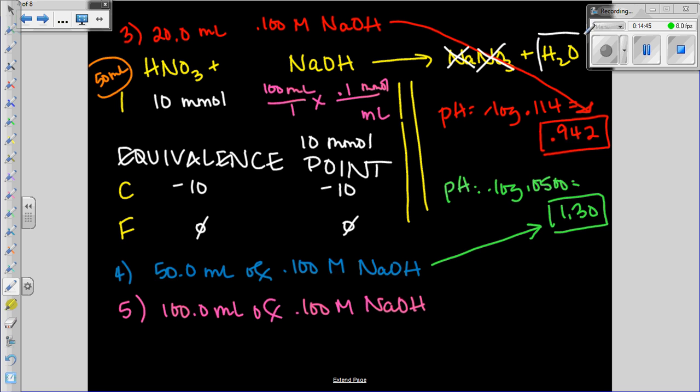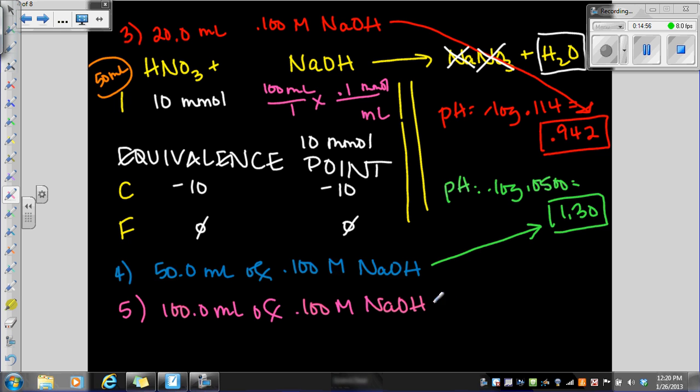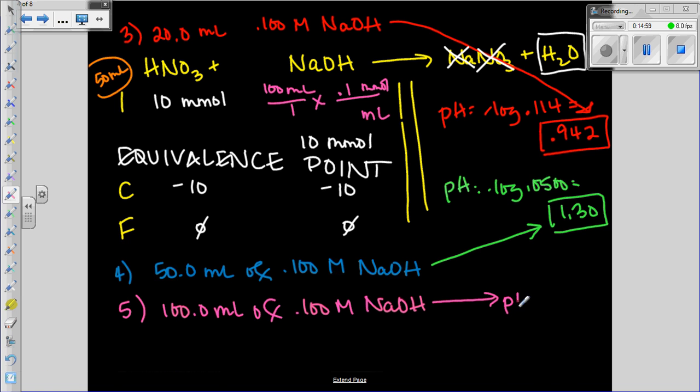So the only thing that contributes to pH is the H plus concentration contributed by water. Because we are at the equivalence point of a strong acid, strong base titration, our pH is 7, because we're doing negative log of 1 times 10 to the negative 7th.